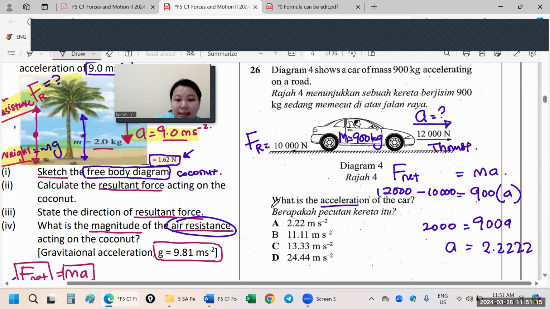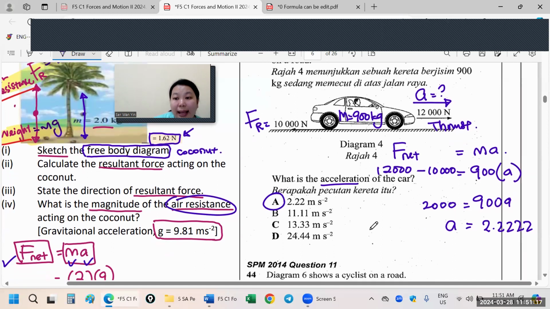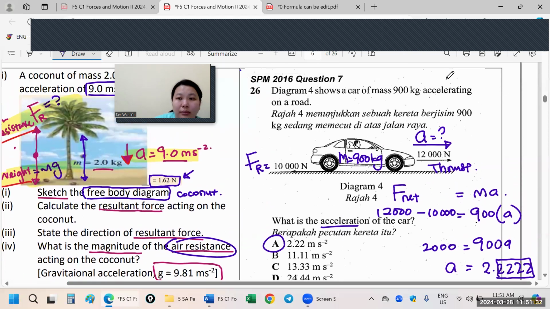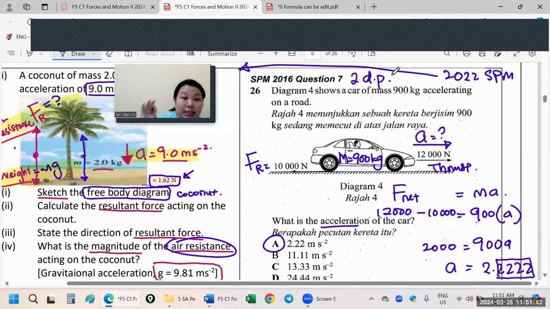Yay, answer is A. I prefer you all use 4 decimal places. Meter per second squared, okay? Before 2022 SPM, 2 decimal places is enough.